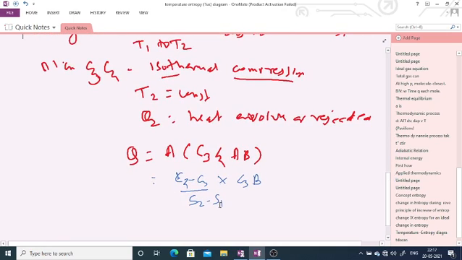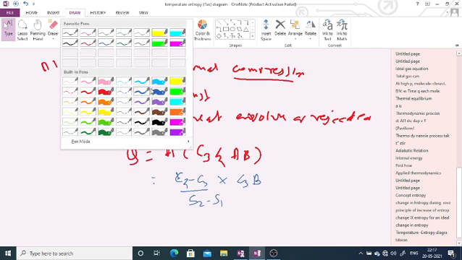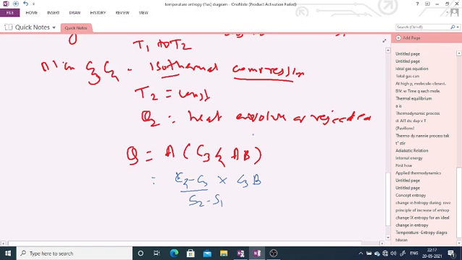So we get S2 minus S1 into the height, that is C3 into B, and that is equal to the constant temperature, called T2. So we get S2 minus S1 into T2.